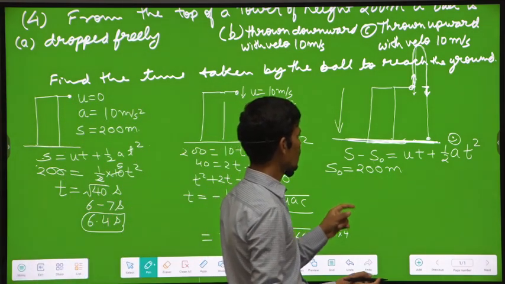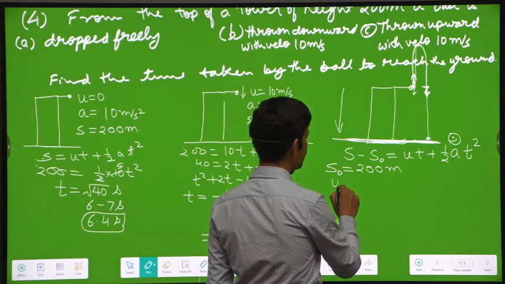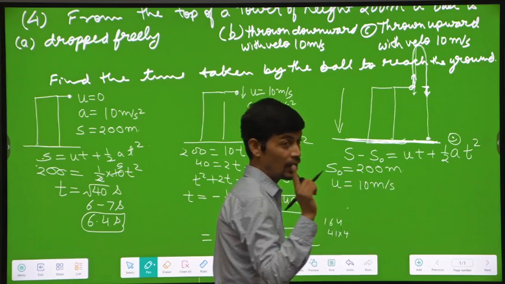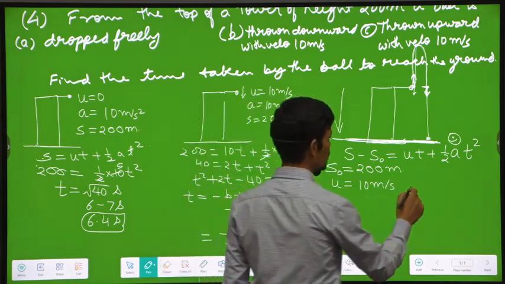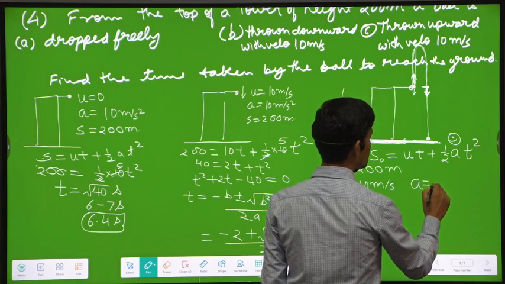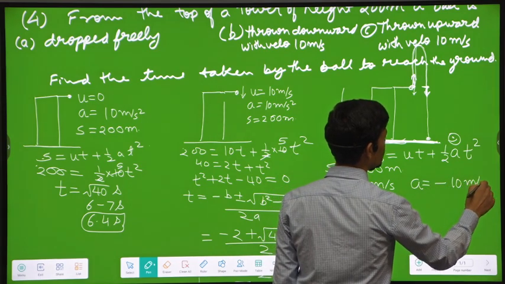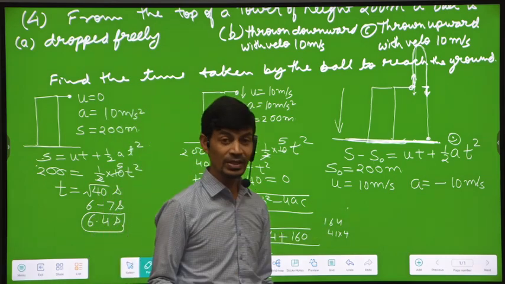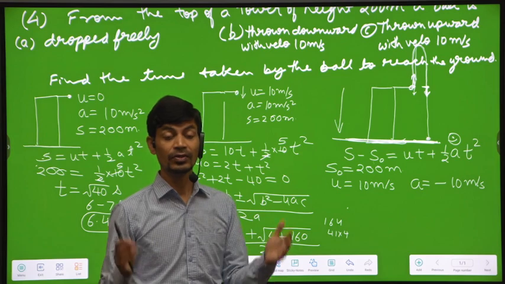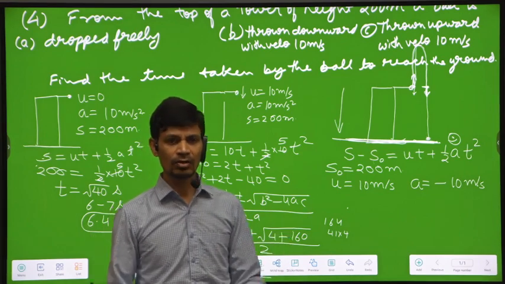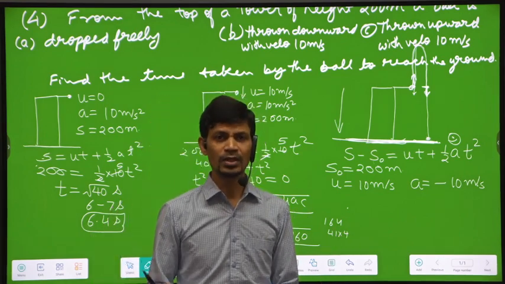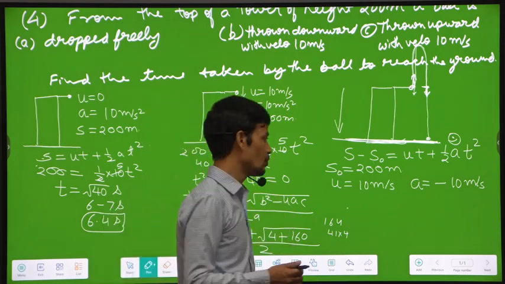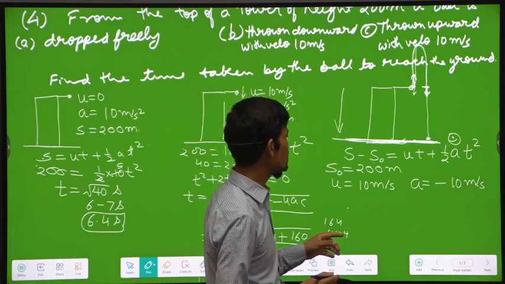Okay, then U is 10 meter per second, and now a special mention, A is minus 10 meter per second square. Why is it so? Some people will say it is because in the upward direction g is negative. No, g is not negative. g is just a number, that is 10 meter per second square, actually 9.81 meter per second square to be very precise.